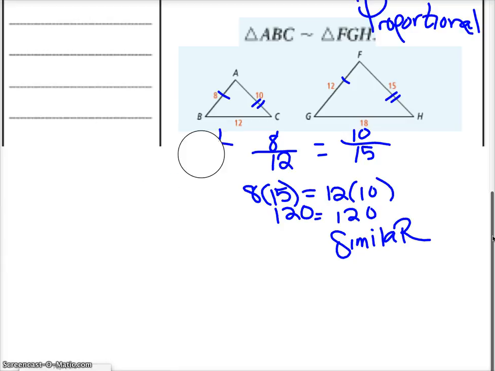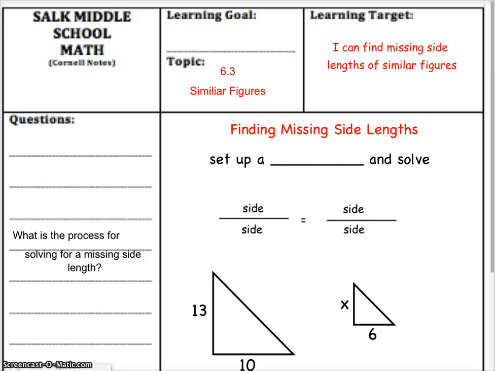There are 3 different ways you could set up a proportion. Lots of you are going to choose your favorite method. And that's where your knowledge on proportions comes in. You're going to find a missing side length today, the application of similar figures. You set up a proportion and you solve. Set up a proportion and solve.